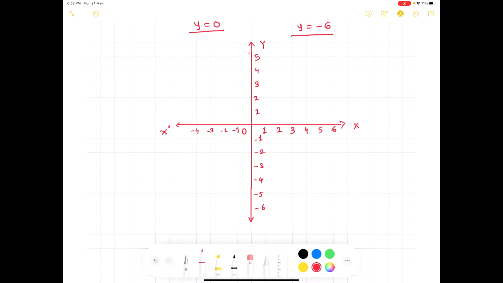Okay, this is the x-axis and y-axis, and these are your coordinate axes.